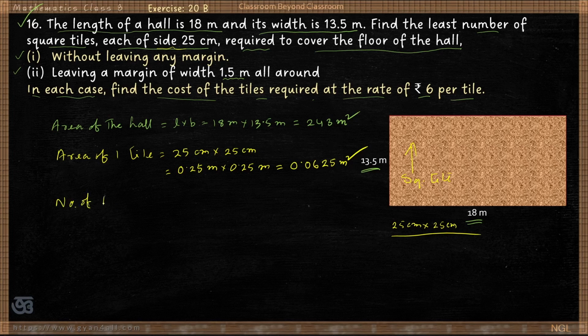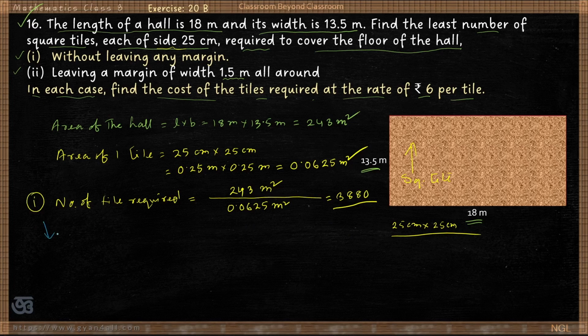Number of tiles required is equal to total area divided by area of one tile, and total area of the hall is 243 meters square divided by 0.0625 meter square, area of one tile, and if you do this sum, then this will be 3880. So 3880 tiles are required without leaving any margin.